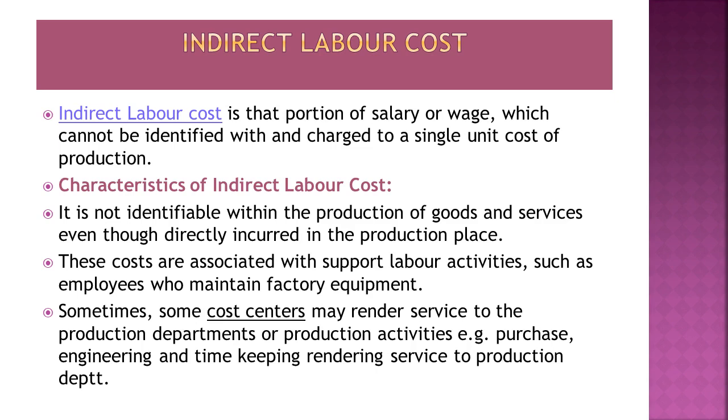For example, a supervisor of a factory, the wages paid to him come under the factory overheads, and similarly the person who is standing outside a showroom, the security guard, we are giving him wages, and that will form a part of the indirect overheads, that is selling and distribution.